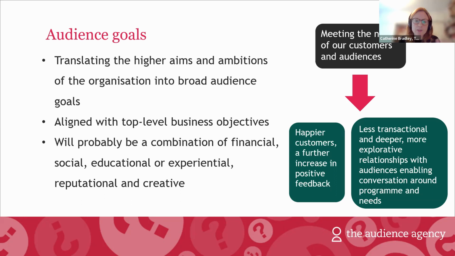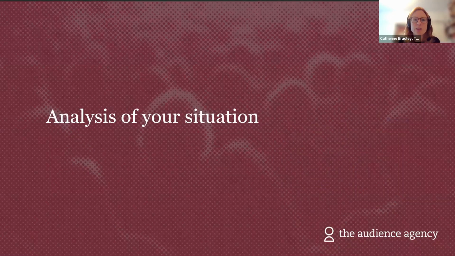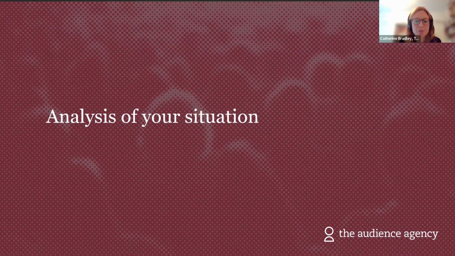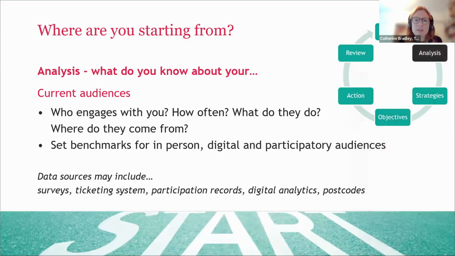So once you've defined your purpose and goals, the next phase is to move into an analysis of your current situation. So going back to the wheel here, in the analysis section, this looks at where you're starting from initially. So analysis of your current situation really helps to ensure informed development.